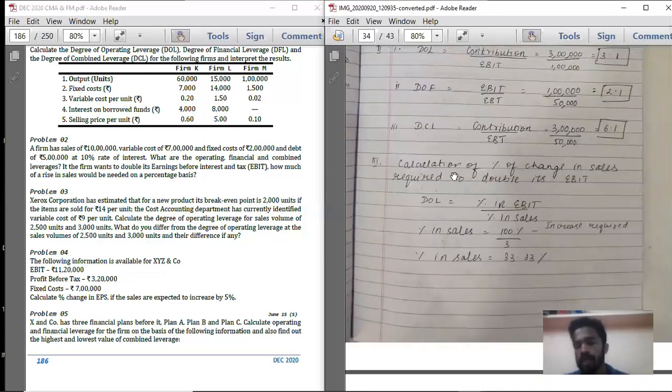So statement number 3, calculation of percentage of change in sales required to double its EBIT.